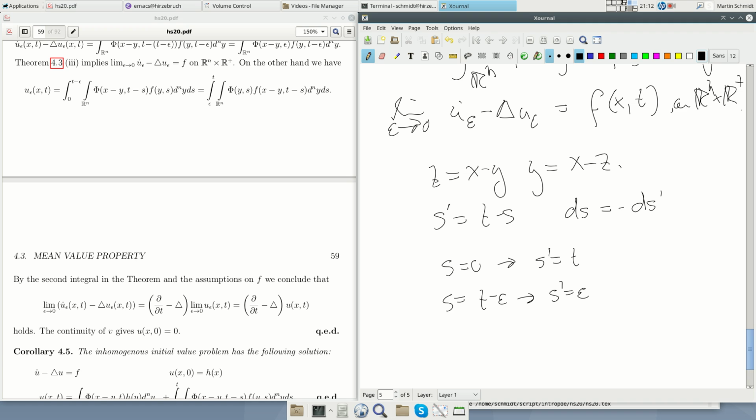Now to get rid of this minus, we reverse this. So we get u epsilon of x and t. We can also write the integral from epsilon to t. Instead of from t to epsilon, we go from epsilon to t, and then we get rid of this minus, integral over Rn. Then we have phi of z, s prime, f of x minus z, t minus s prime, dz ds prime.